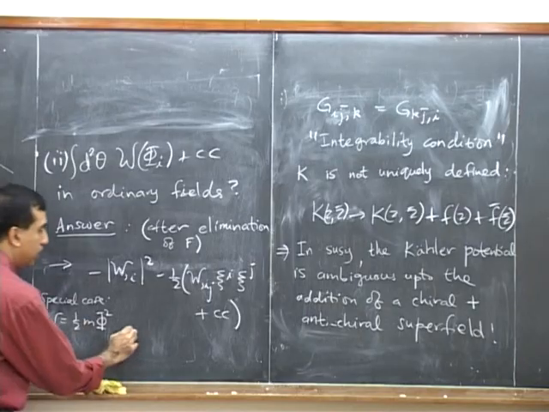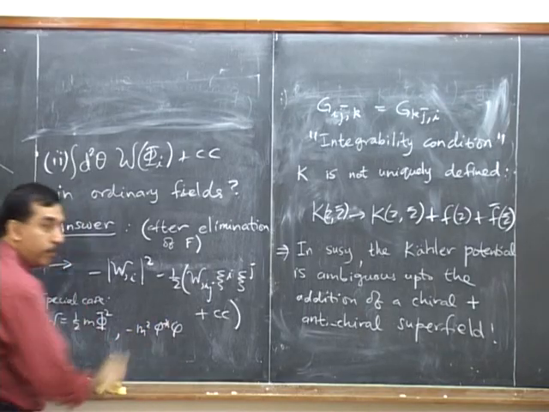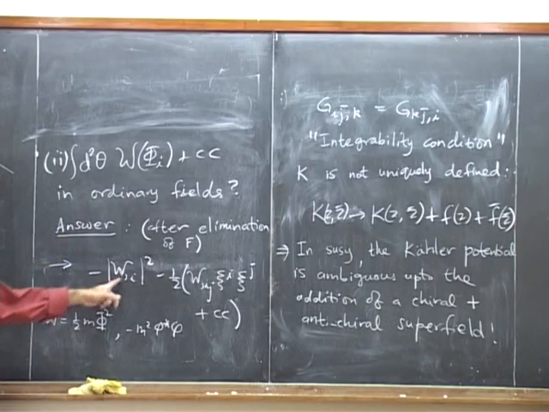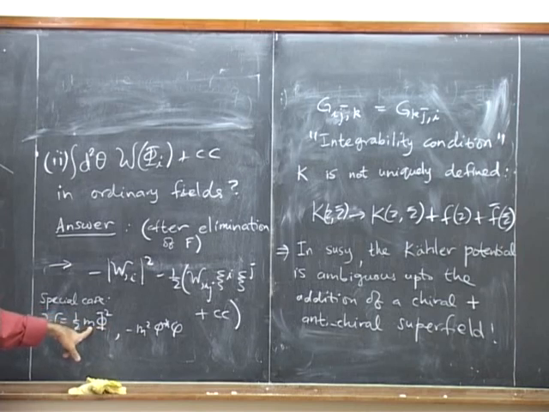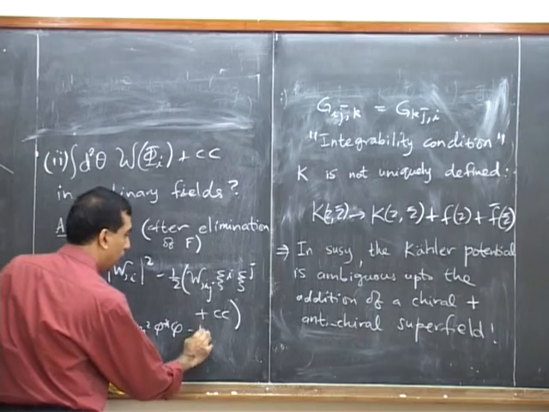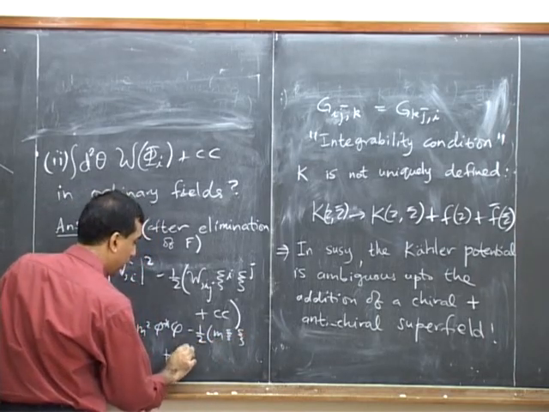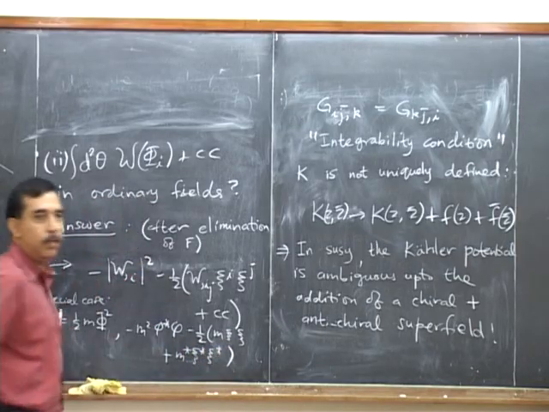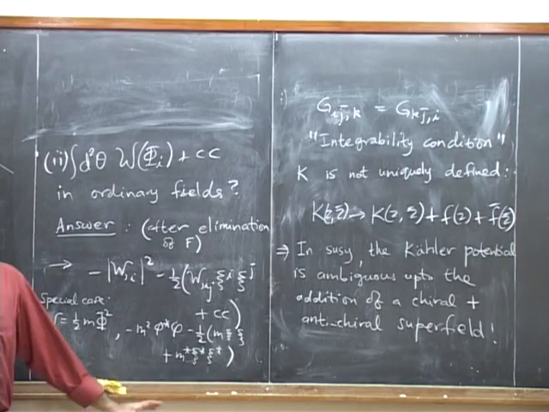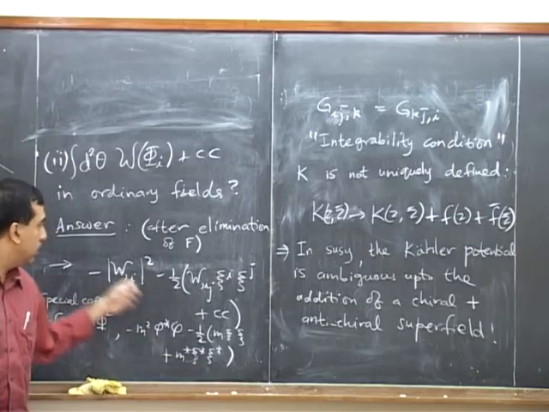The mod squared makes it minus m squared phi-star phi. W_{,IJ} is just m. So minus a half m psi psi plus m-star psi-star psi-star, as expected.